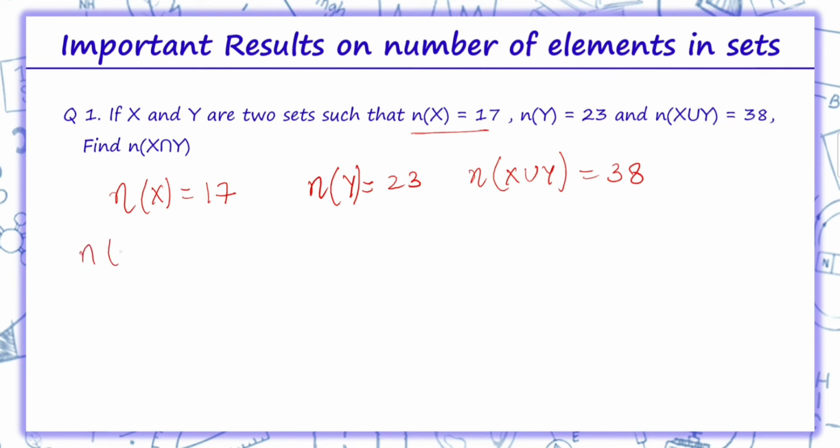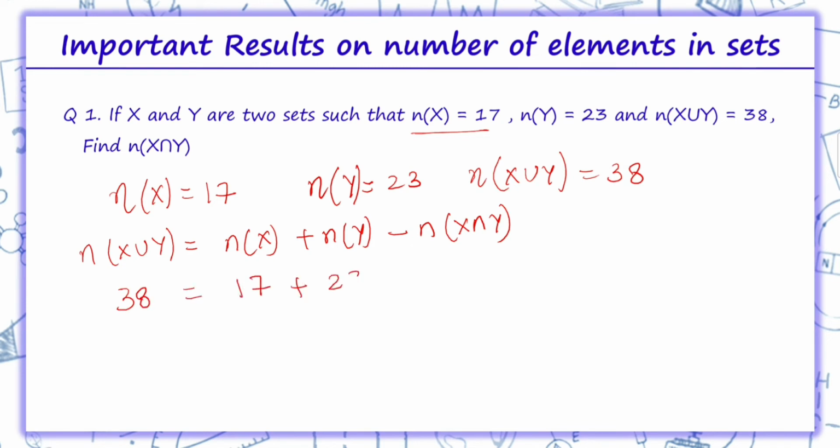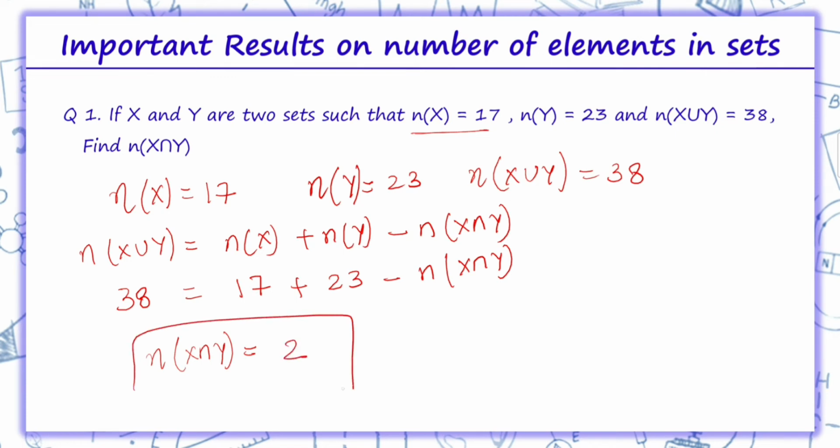We know the formula: n(X union Y) is n(X) plus n(Y) minus n(X intersection Y). Substituting, 38 is 17 plus 23 minus n(X intersection Y). Adding these we get 40, and 40 minus 38, so the answer will be 2.